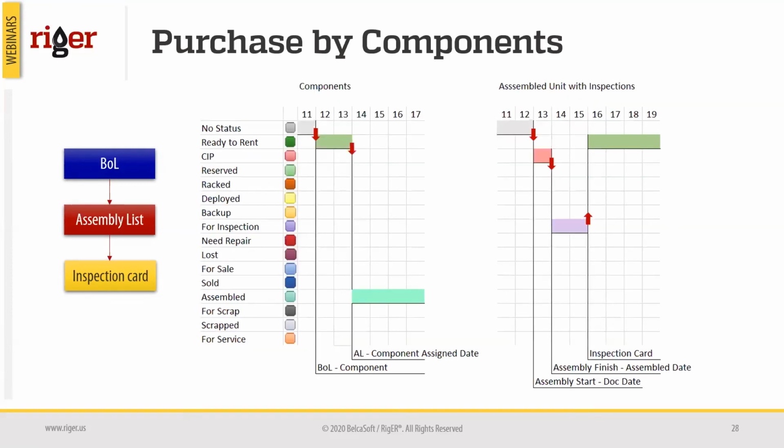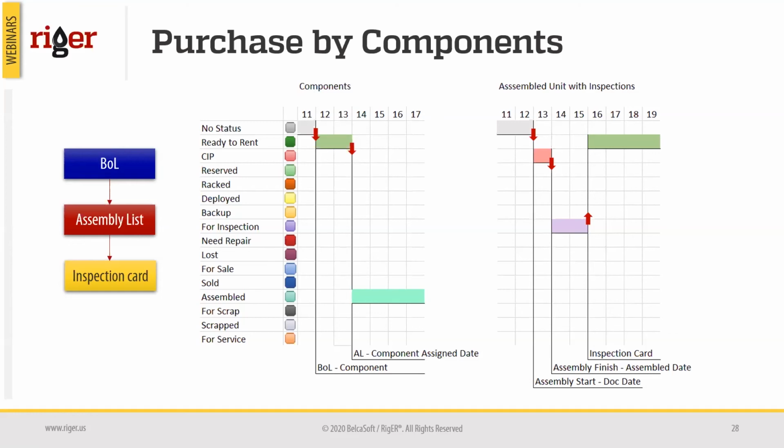Okay, so here's how the two different rental units actually work together. We have components and we have the assembly units presented here. We go through from no status, when we purchase a component, to ready to rent. And as soon as we assign this component to a particular assembly, it becomes status assembled.